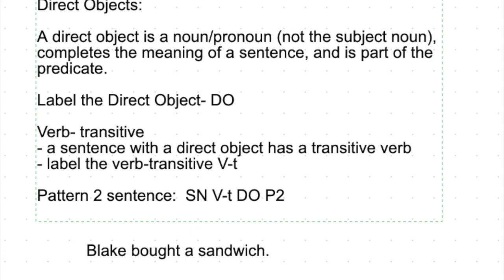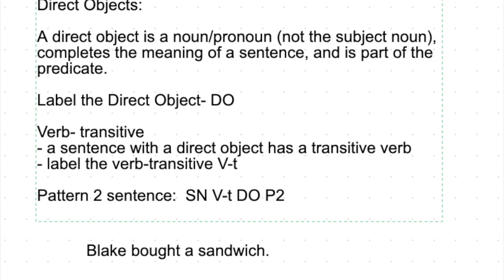The verb in a sentence that has a direct object is always called a transitive verb or a verb transitive. You label the verb transitive VT, and we call the pattern of this sentence pattern 2, and we label it subject noun, verb transitive, direct object, pattern 2, or SNVTDOP2.